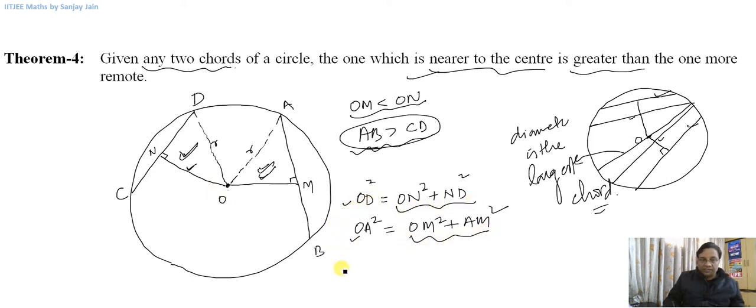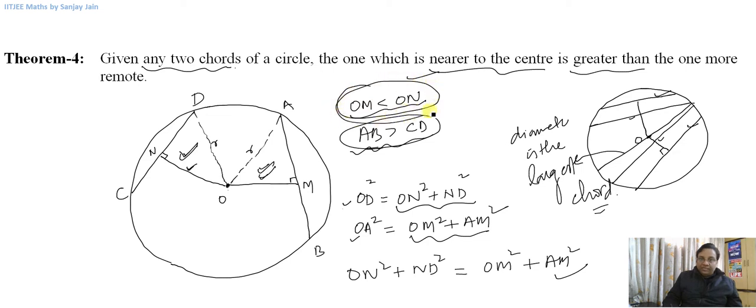So ON squared plus ND squared is equal to OM squared plus AM squared. Now if you look at this equation, OM is lesser than ON. If OM is lesser than ON, then for this equality to hold, AM should be greater than ND.